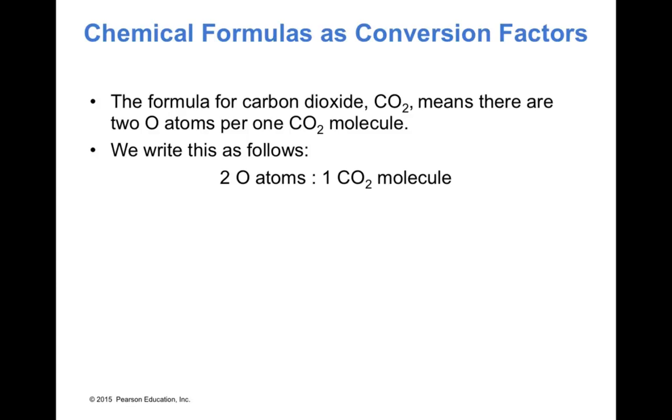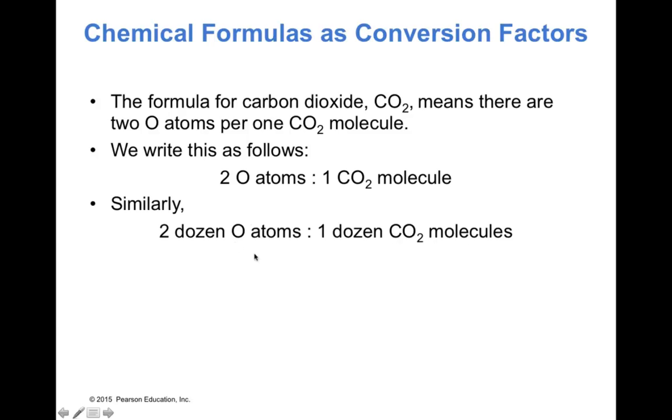It all depends on the question and what we're looking for. The same way, 12 dozens of oxygen atoms are in 1 dozen molecules of CO2, because it's basically twice the number of oxygen atoms. The same thing happens if we are talking about moles: 2 moles of oxygen are in 1 mole of CO2.